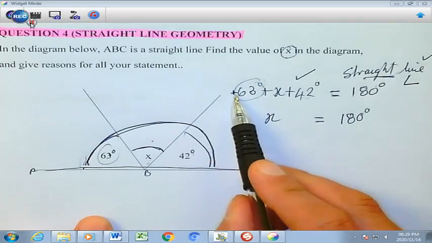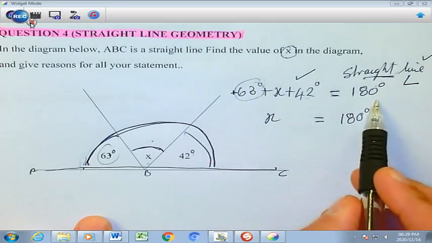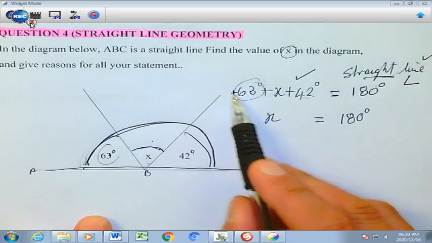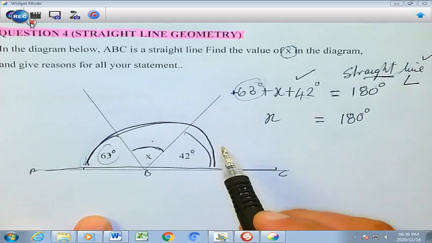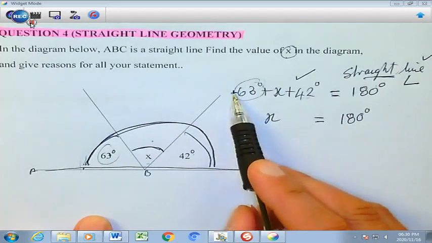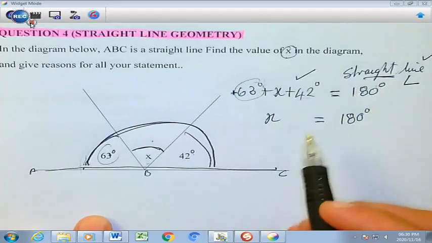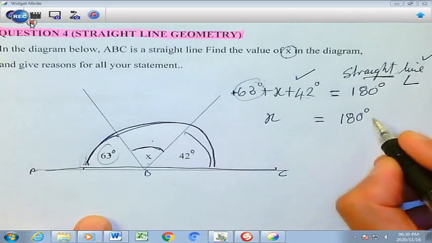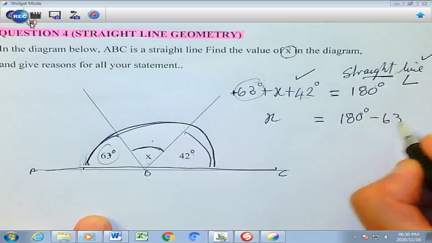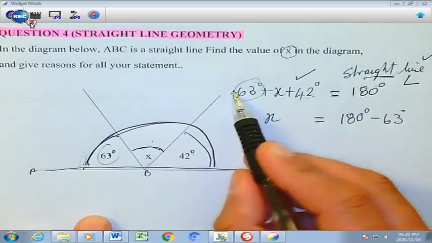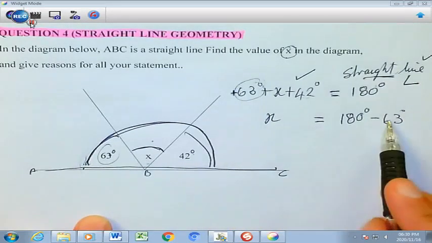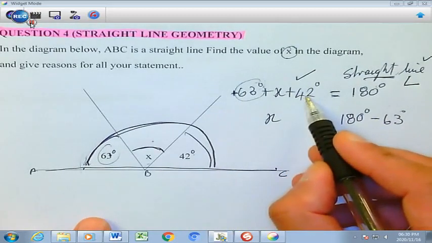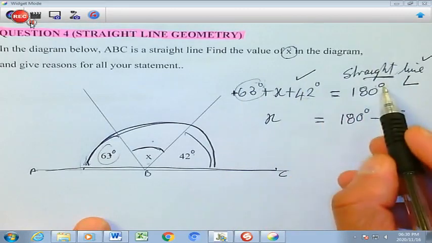So the rule is, once you put it over the equal sign, this sign here changes to negative. If it was negative, it would have changed to positive. So what we're going to do is we're going to take that across. That becomes now negative 63 degrees. It was positive. I put it over the equal sign. It becomes negative 63. I've got positive 42 here. I'm going to put it over the equal sign.